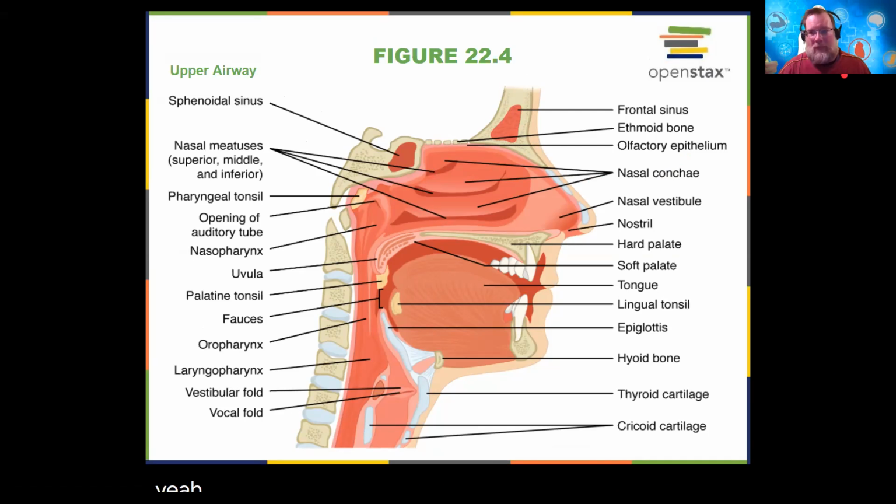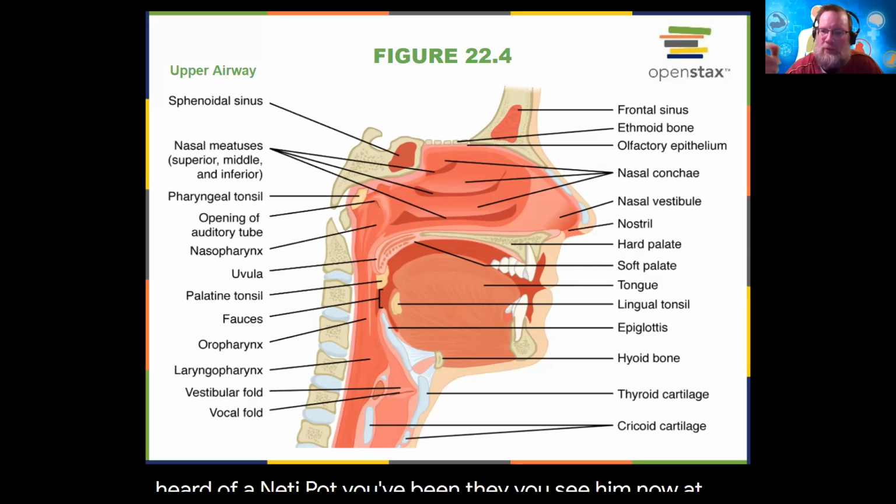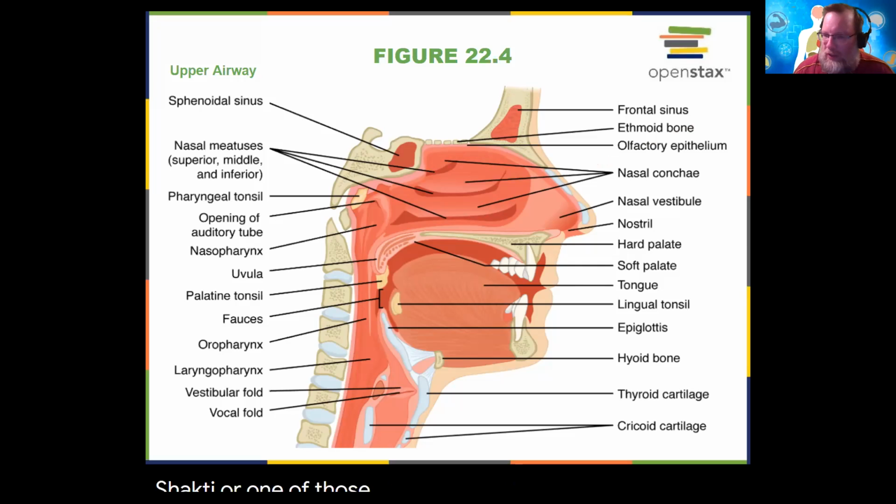So yeah, bloody noses this time of year. Absolutely. Kind of as a side note, have any of you heard of a neti pot? You'd see them now at Walgreens. It used to be something you'd have to go to a specialty shop for, up in Madison, or I'm sure they have them in the Milwaukee area too.